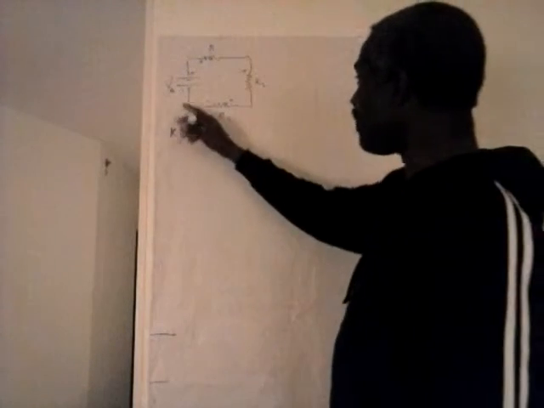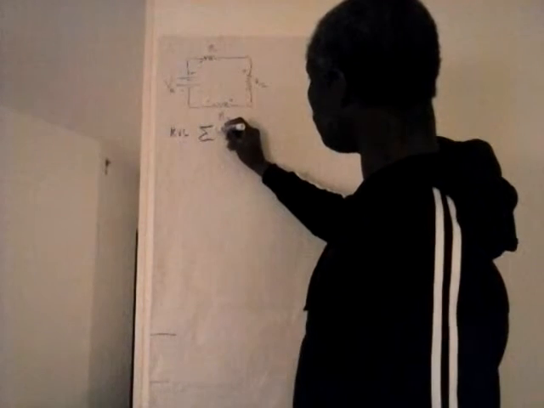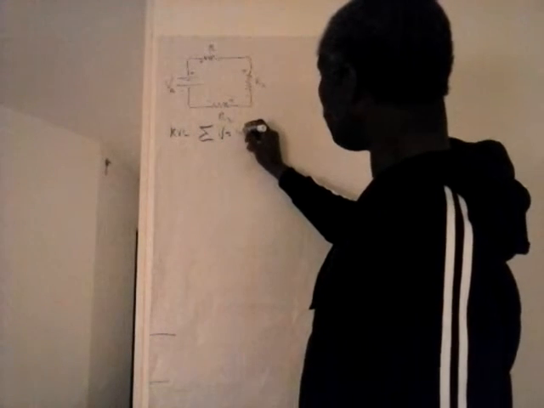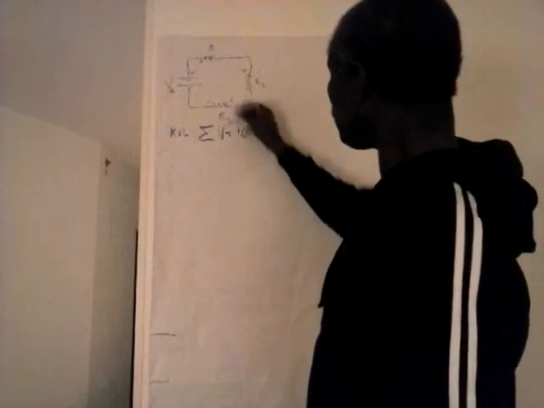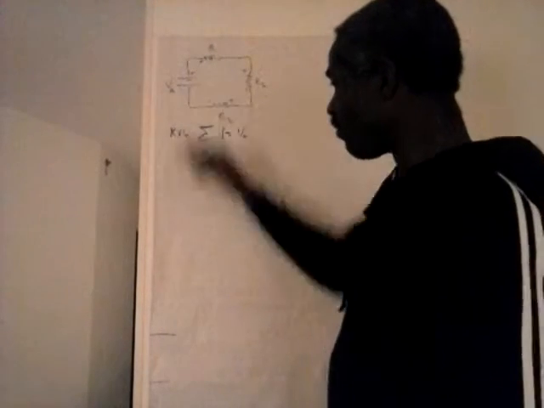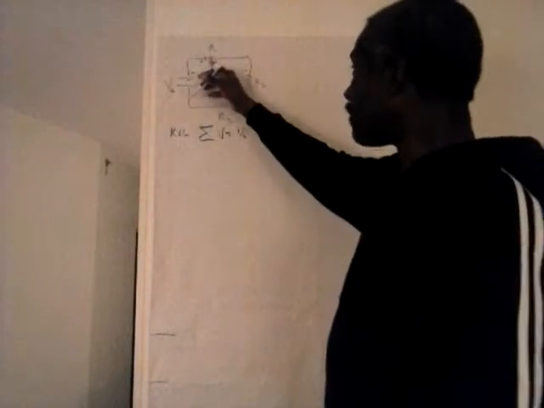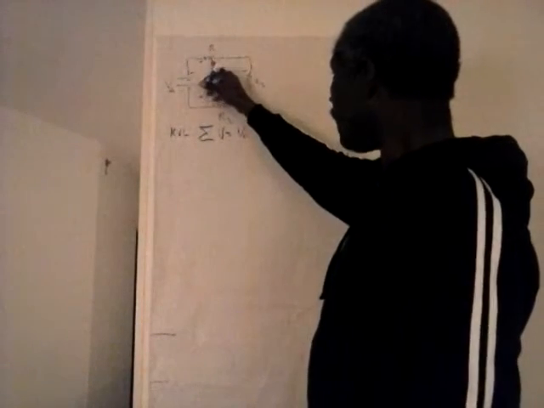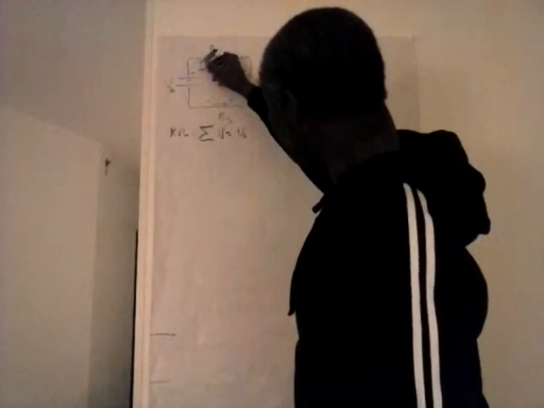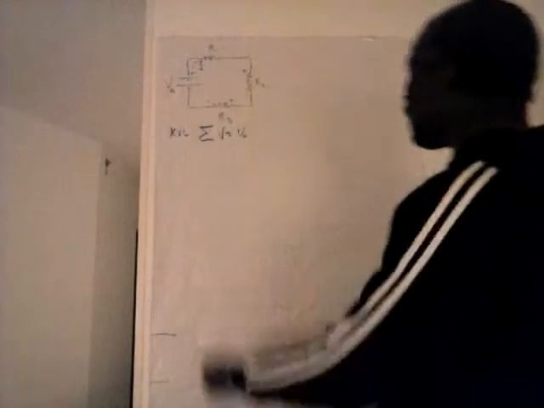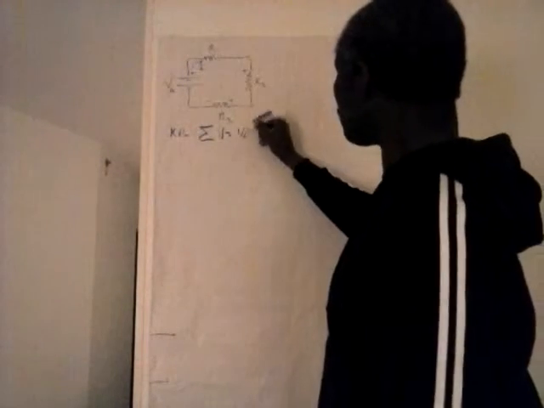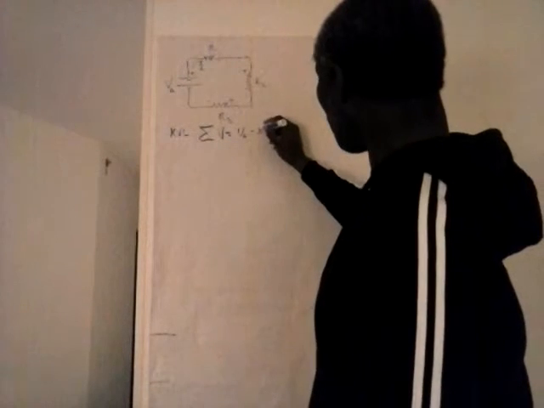So if we say the summation of the voltage, we call it summation of V, must be equal to VA, the source voltage, which is a plus because we usually denote the source input voltage as a plus, minus the drops. Suppose the current flowing here is I. By Ohm's law, the drop across here will be IR, so that will be minus I1 R1.